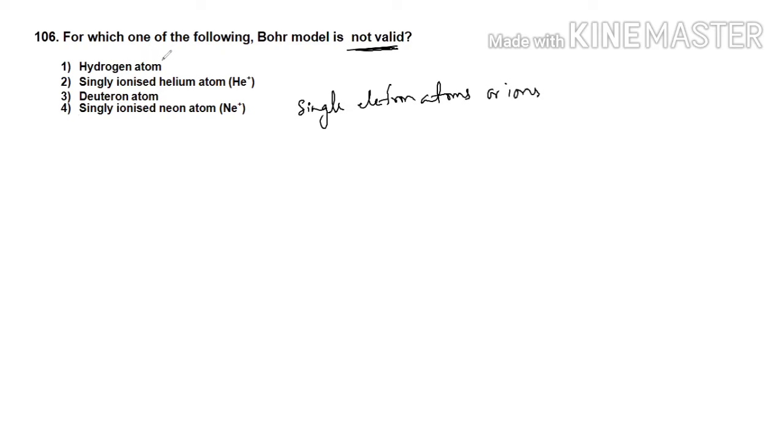But here hydrogen okay, singly ionized helium okay, deuteron okay, but singly ionized neon they are asking. So it is not valid for singly ionized neon atom. So option 4. So we will move to the next question.